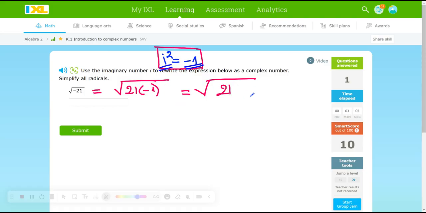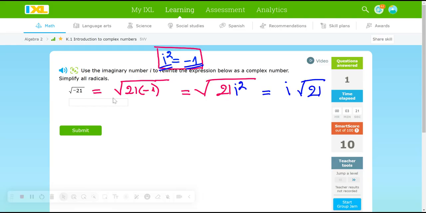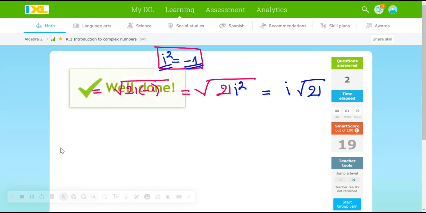I squared. Okay. So now, you take square root of 21, you cannot simplify it because it doesn't have a perfect square inside. Square root of i squared is i. Okay? So now, I put in my box, i first, and then square root, and then 21. And I'm done. Alright, submit.